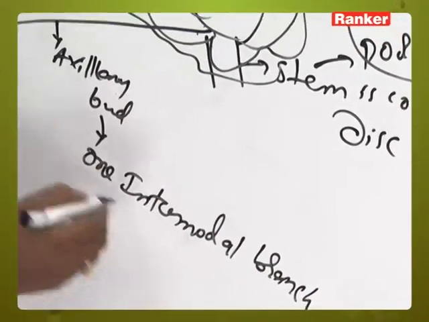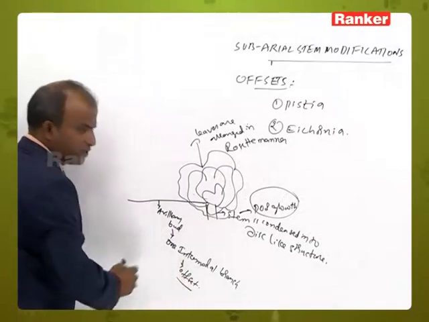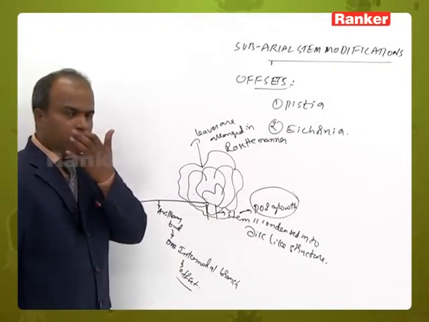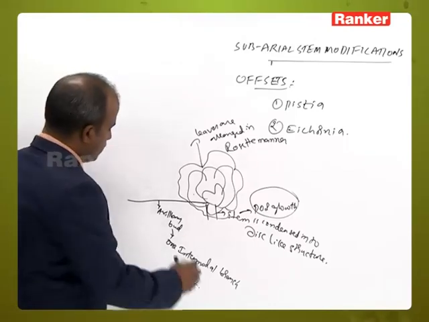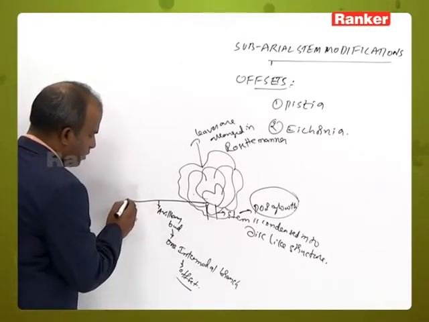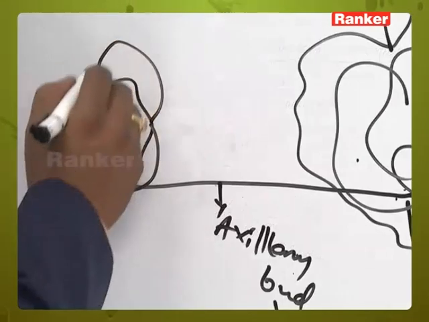This one internodal branch itself is called an offset. Towards the tip of the internodal branch, it also shows rosette arrangement of leaves.